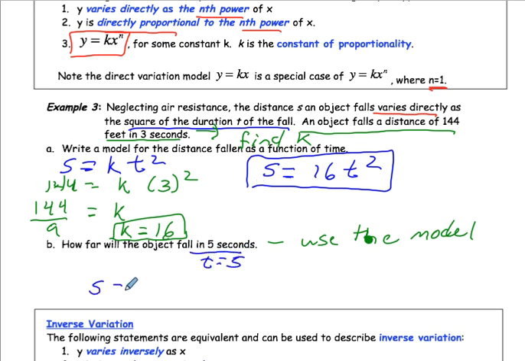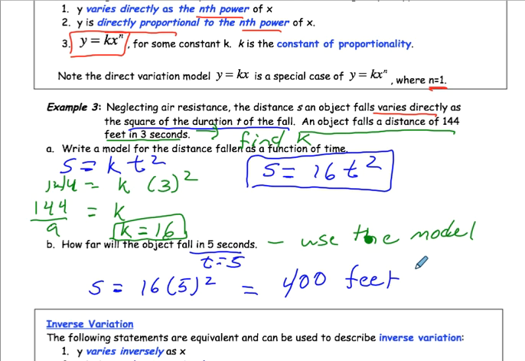So S is going to be 16 times 5 squared, which is 16 times 25, and 16 times 25 is 400. So this is going to be 400, and the units here are feet.